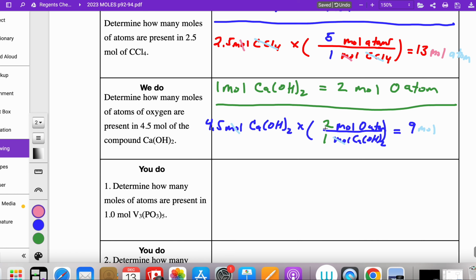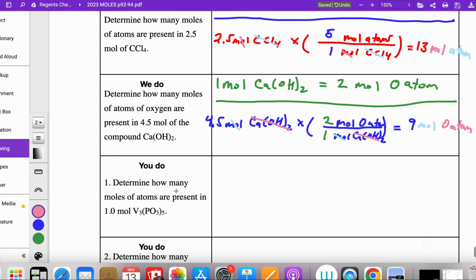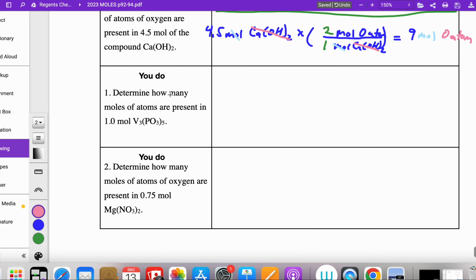Calcium hydroxide times oxygen atom divided by calcium hydroxide. Since I see calcium hydroxide in a numerator and denominator, I'm allowed to get rid of it. And the 9 moles belongs to oxygen atoms. So you try the 2 you-dos, 1 and 2, here at the bottom of the page. Check your answers with the teacher.